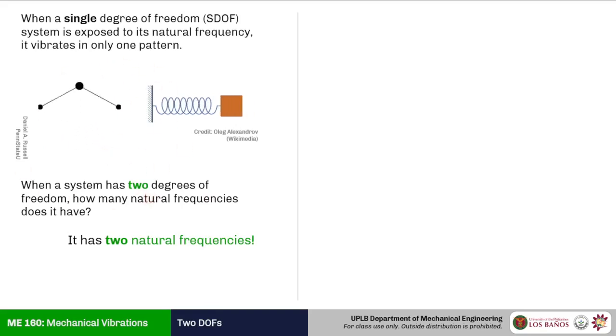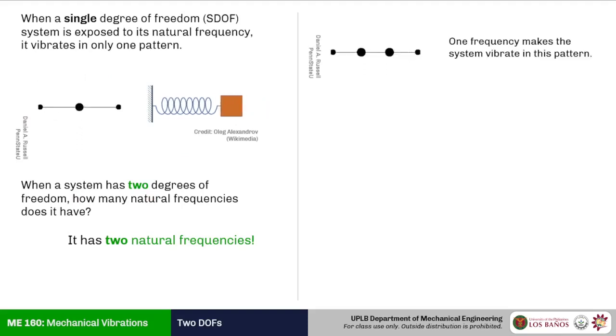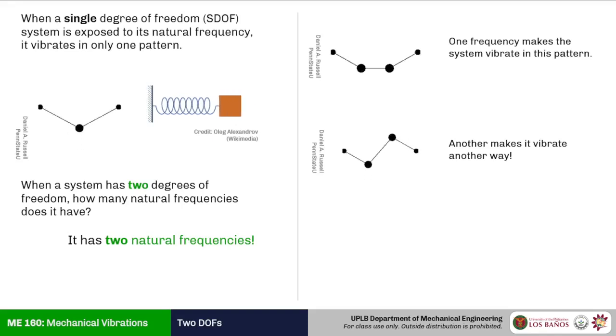For example, we have 2 degrees of freedom, we have two natural frequencies. One natural frequency could make the system move this way, and the other natural frequency could make it move this way. So these are two different vibrational patterns that are assigned or triggered by two different natural frequencies.